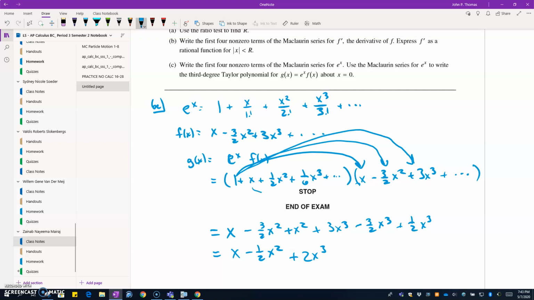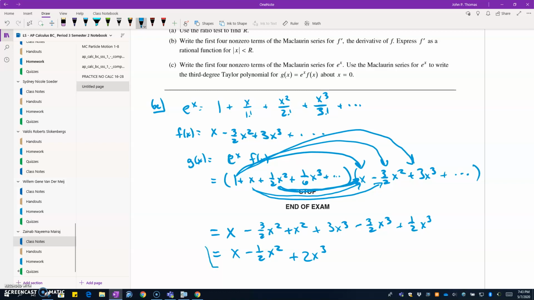With the x, if I take that into the x, that's an x squared. X into the x squared, that's x cubed. So those are all good. And then the last one, if I take the x squared times the x, that's going to correspond with an x cubed. Every other multiply is bigger than that.